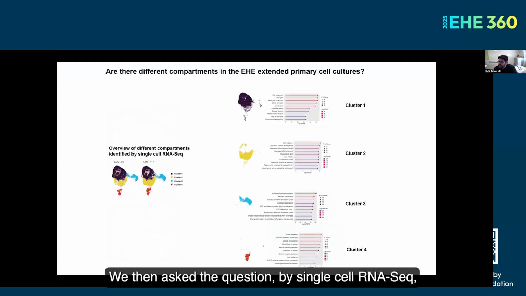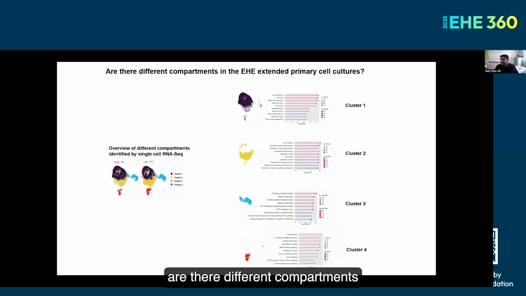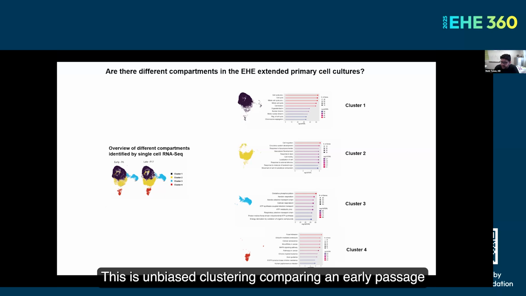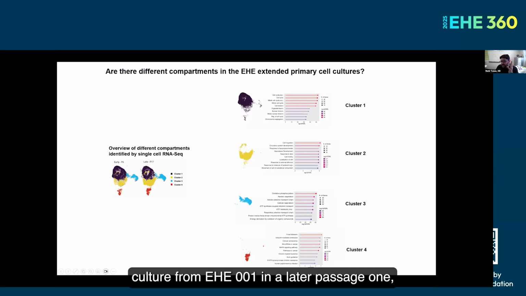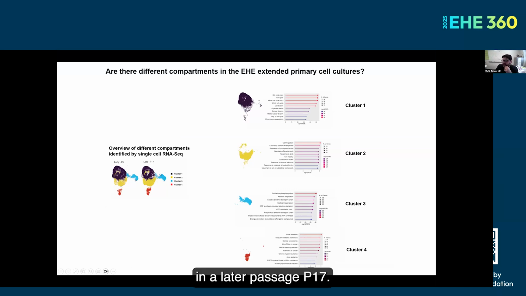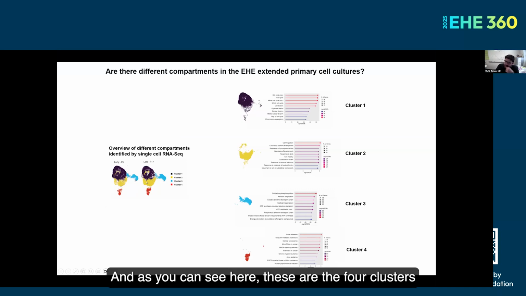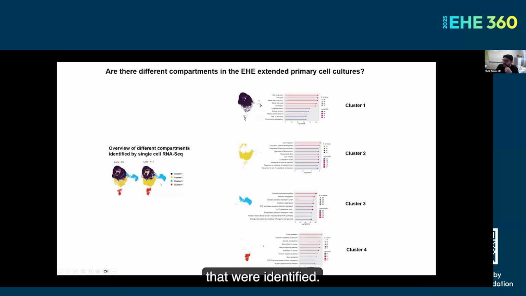We then asked the question, by single-cell RNA-seq, are there different compartments in the EHE extended primary cell cultures? And this is unbiased clustering, comparing an early passage culture from EHE01 and a later passage one, P17. And as you can see here, these are the 4 clusters that were identified.